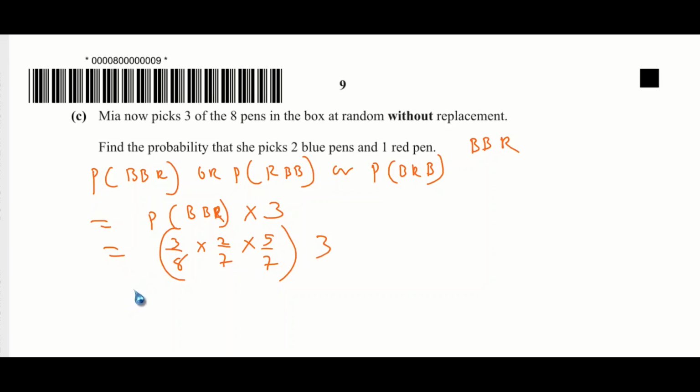If you input this into your calculator, you just get 15 out of 56. Sorry, this is 6, not 7. It is 6, and you can actually simplify this. 3 times 2 is 6, so it will cancel the 6 there.